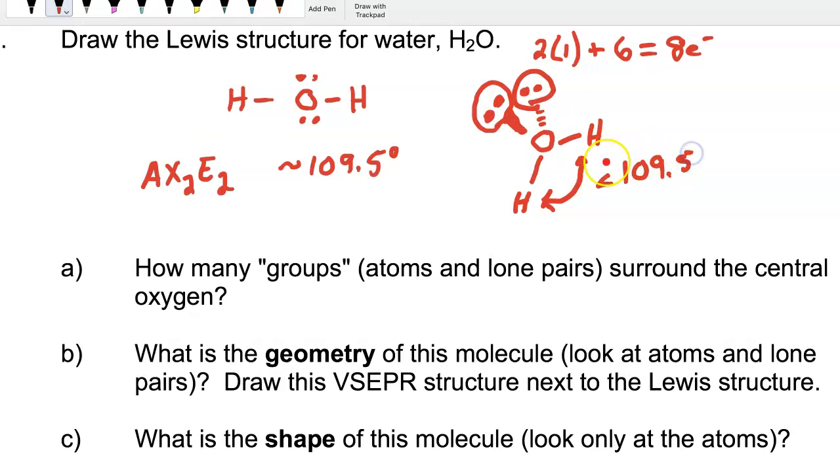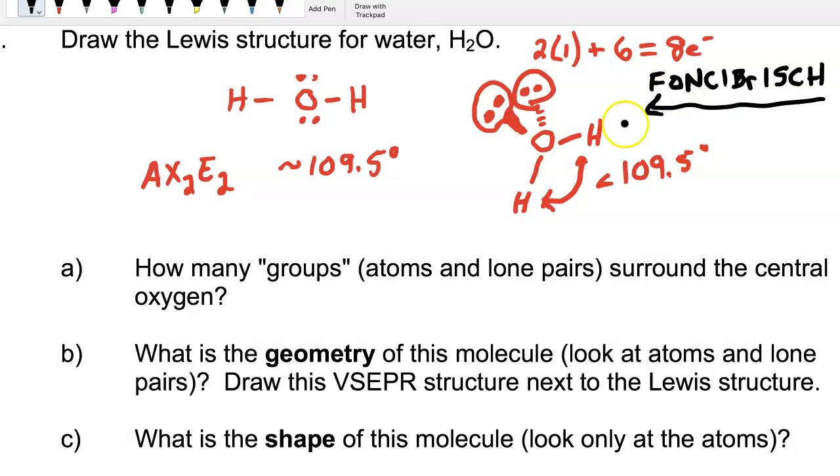Now to determine if this is polar or not, there's 2 things we can do. We can remember Funkelbrich, which is our most electronegative atom, fluorine, and our least electronegative atom, hydrogen.